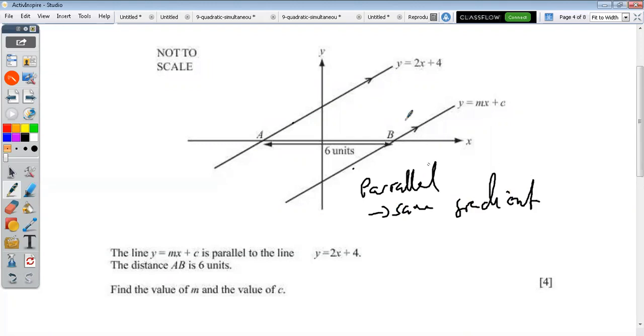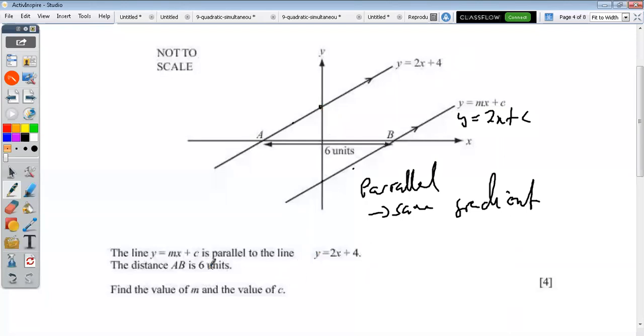Same gradient. The gradient here is 2, so this equation is y is equal to 2x plus c. We don't know the c here, but we know it's 2x because they are parallel lines. The gradient is the same, but it's the c values that are different. The c value here is 4, you can tell.